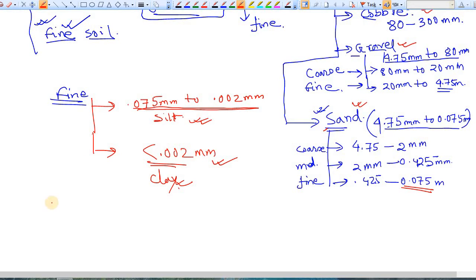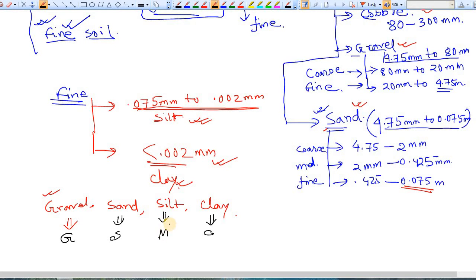Instead of saying the full name like gravel, sand, silt or clay, you can write the soil by symbol also. For example, gravel is denoted by G, sand by S, clay by C, but silt is denoted by M. Why?